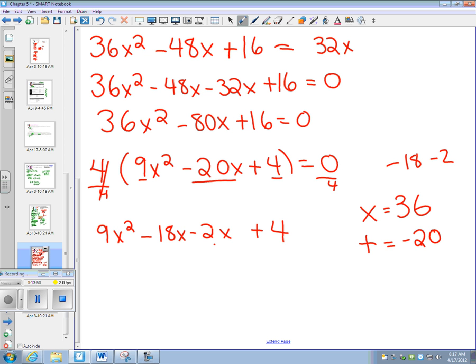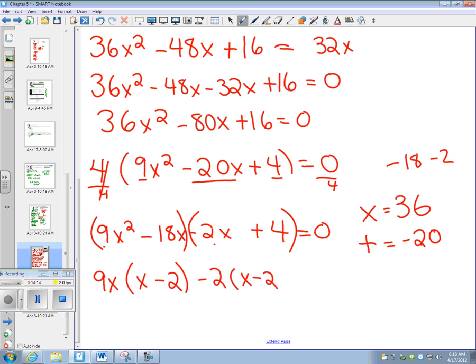Okay, and now I'm going to group. Factoring by grouping. So the greatest common factor between 9x squared and 18x is 9x. I'm left with x minus 2. The greatest common factor between negative 2x and 4, I'm going to take out a negative 2. The reason I took out a negative 2 is then I get x minus 2, which is the same factor here. Equals 0.